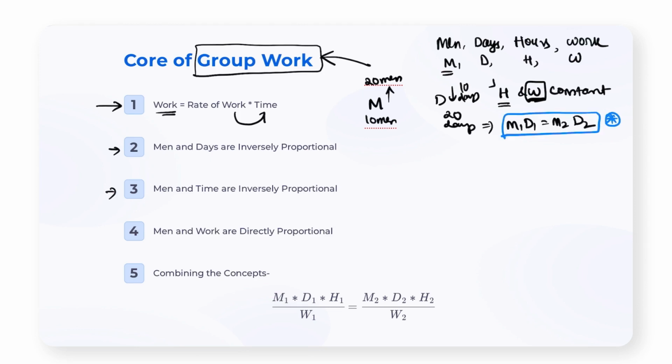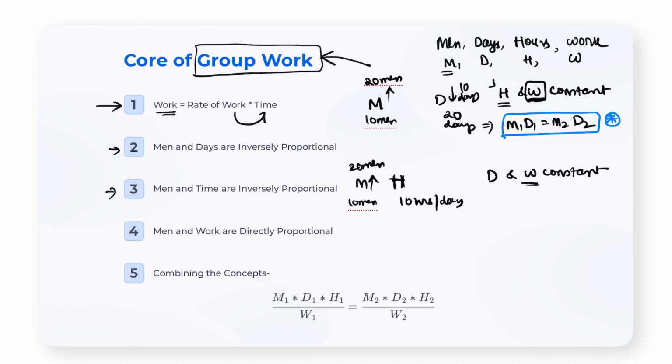Similarly, if we have men and time as two variables, I'm trying to figure out the relationship of the quantity M with the quantity time, represented by the variable H, keeping the other two variables, which are D and W, constant. So say there were 10 men who were able to complete a certain W amount of work, working for 10 hours per day. Now instead of 10 men, we increase the number of men to 20 men.